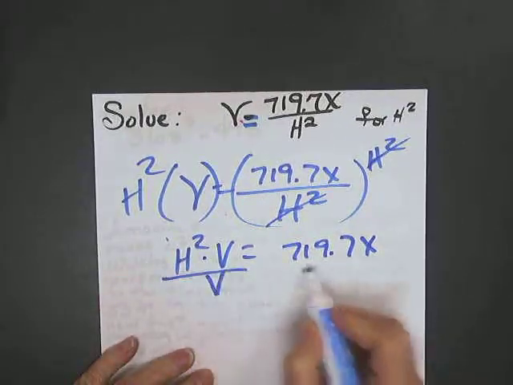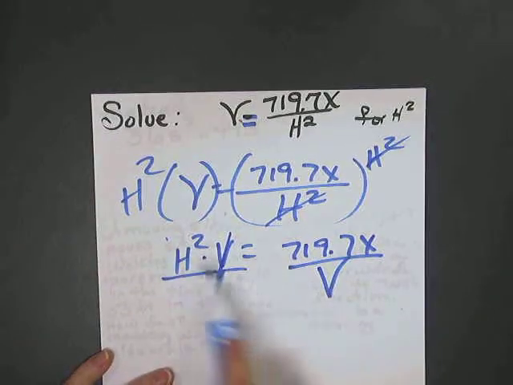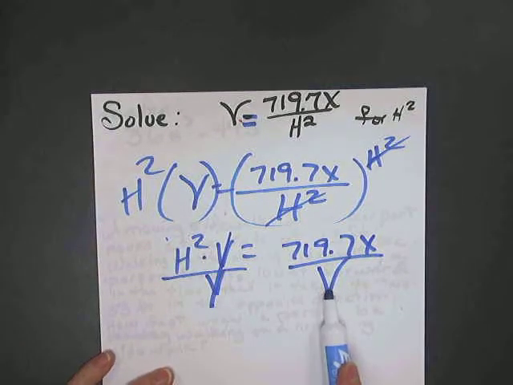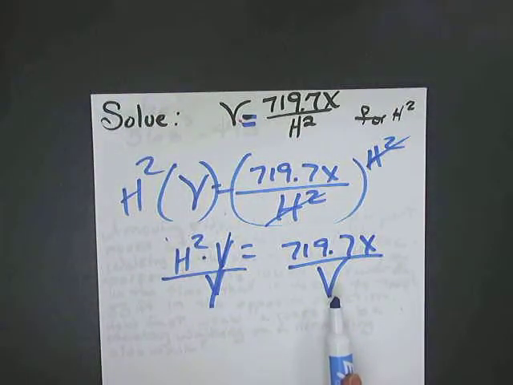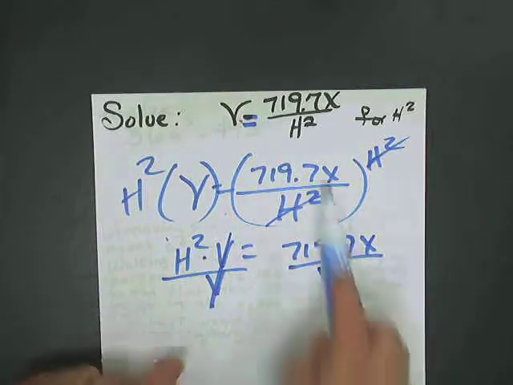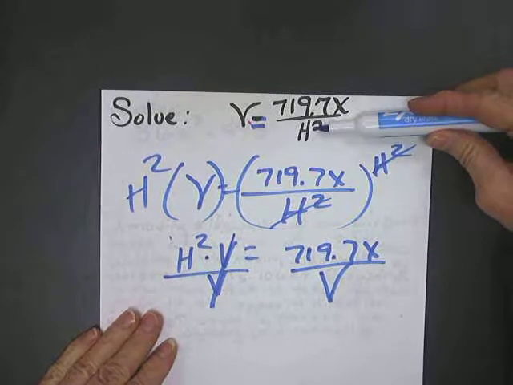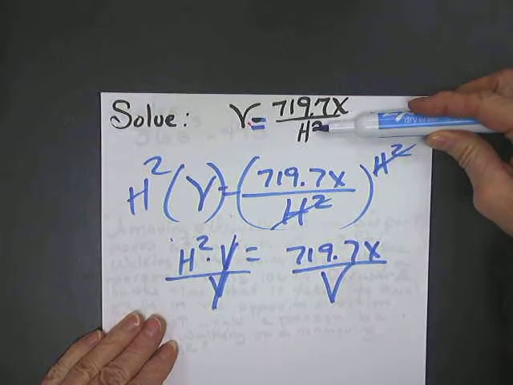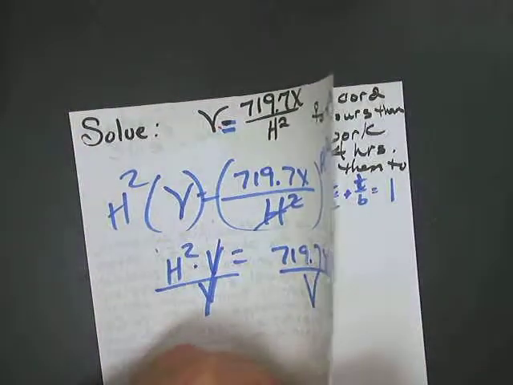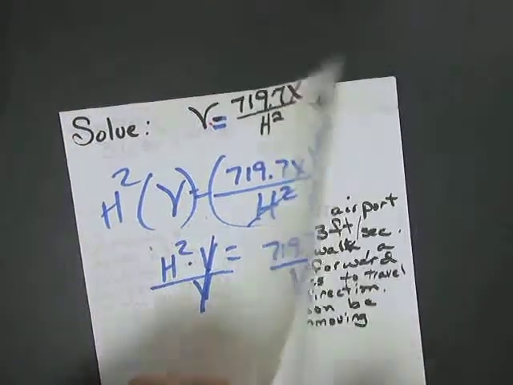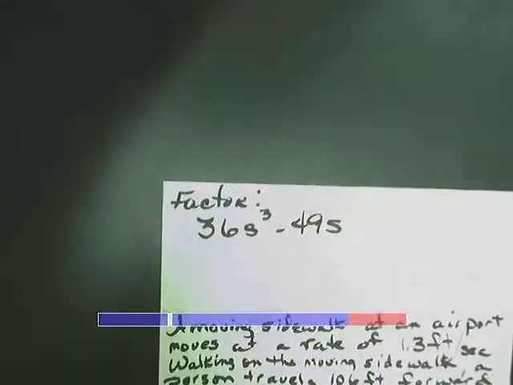Then you have h squared v equals this. And then how do we solve for h squared? This is multiplied, divide by v. So it traded those two, didn't it? The v went down there, h squared went up there. So if you know it can do that, you can actually just trade those and solve for h squared. Did you see how it did that? Yeah? Are you paying attention? Yeah?